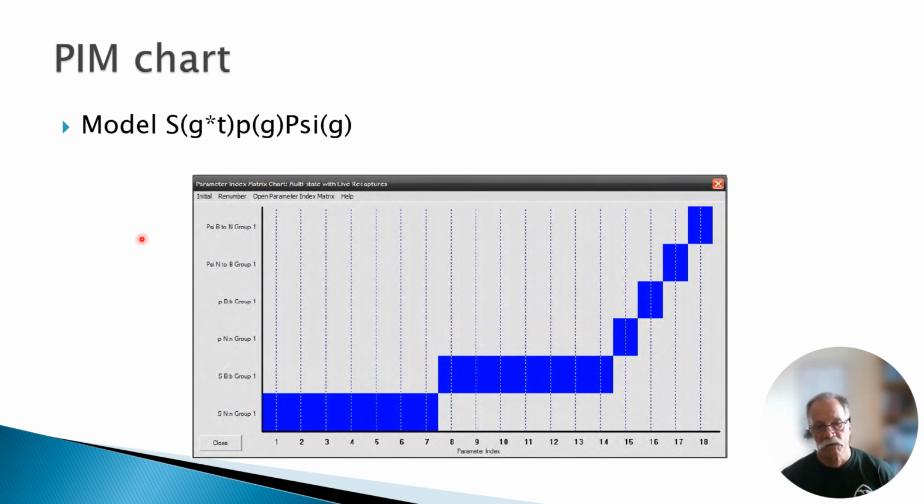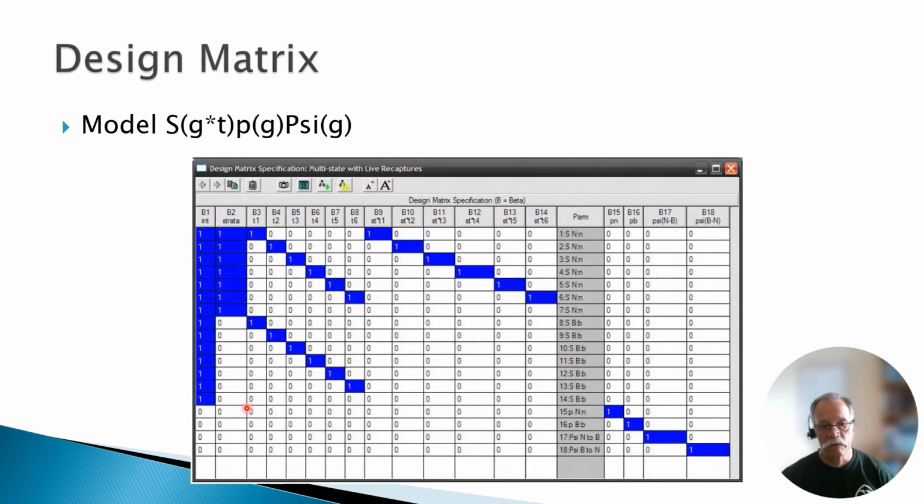And so if you were wanting to look at the model where you had variation in survival over time, maybe capture probability and movements constant by group, you would set your PIM up like this, and then when you pull it into the design matrix, you would identify it as a reduced design matrix now with 18 parameters. And just focusing on the S G times T portion of this, again, take a look at the MARC book.